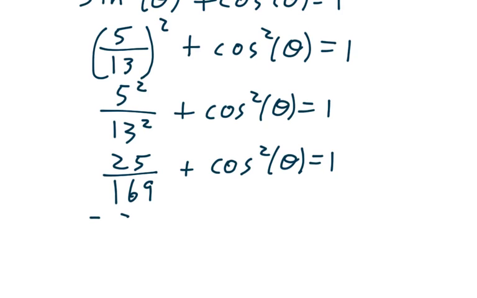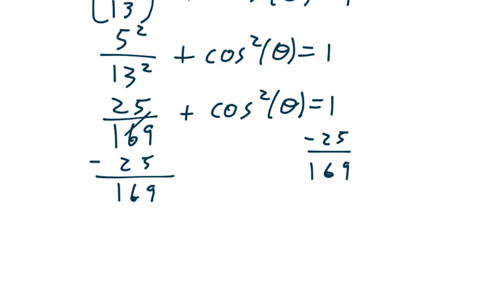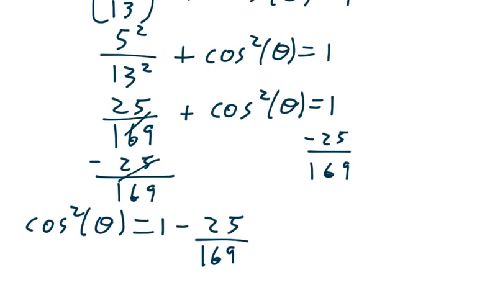So from here, just like before, we're going to subtract. Although you could probably guess the calculation is going to be almost identical now. It's just that instead of x here, I have cosine. So we subtract, and we get cosine squared of theta is 1 minus 25 over 169.